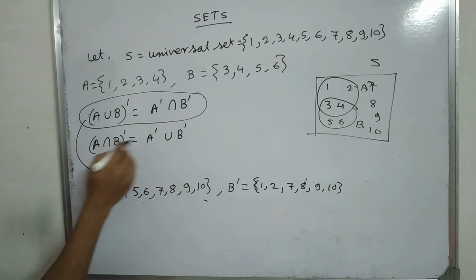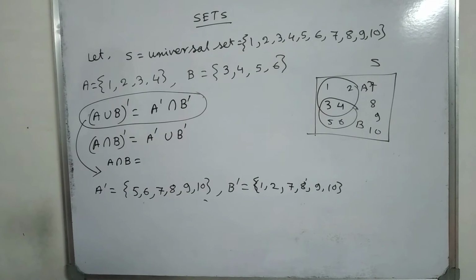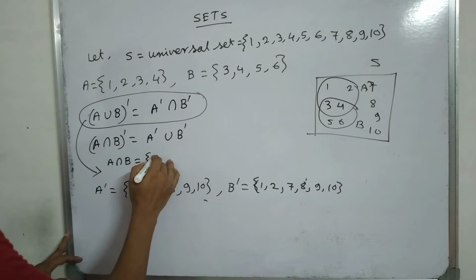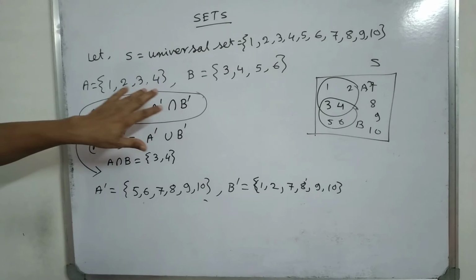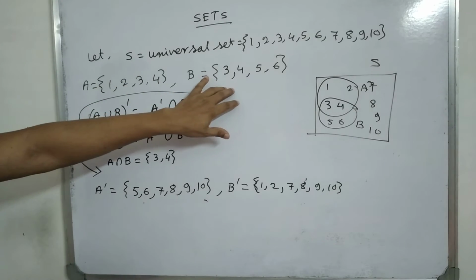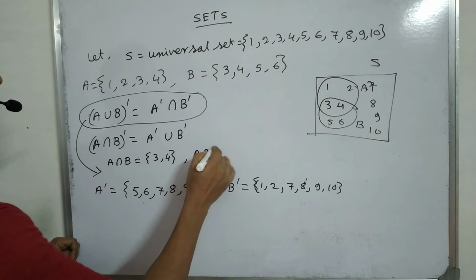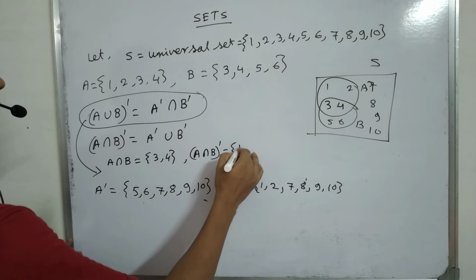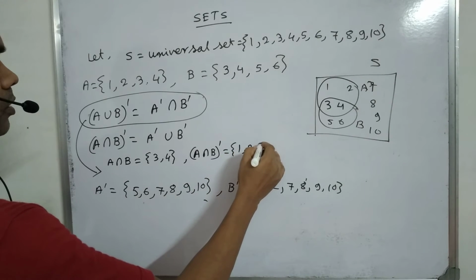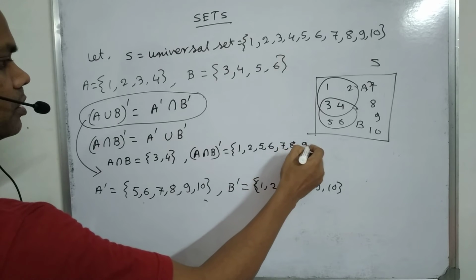A intersection B is equal to 3, 4. Here 3 and 4 are the common elements of A and B. So the complement of A intersection B is 1, 2, 5, 6, 7, 8, 9, 10.